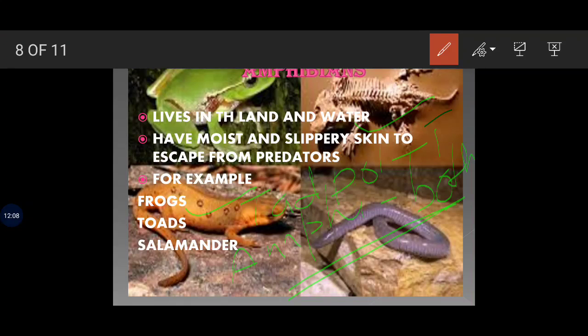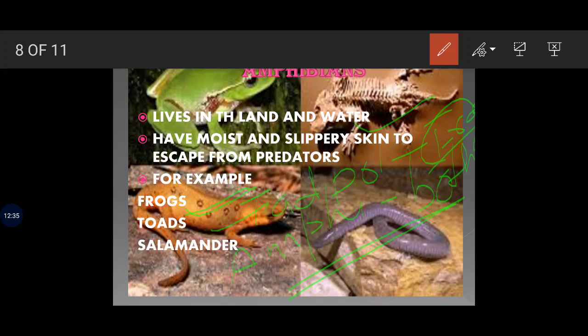So when it is a tadpole, it remains in the water, but when it becomes a mature frog or toad, they develop proper skin, and their gills change into lungs, because at that time they have to come up and stay on the land.